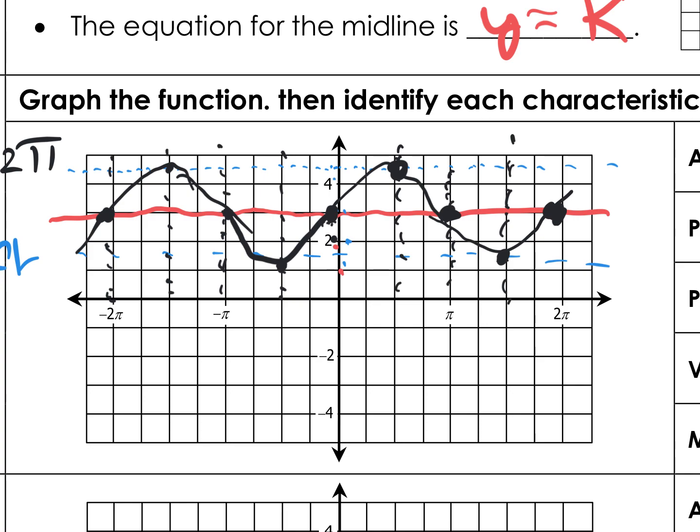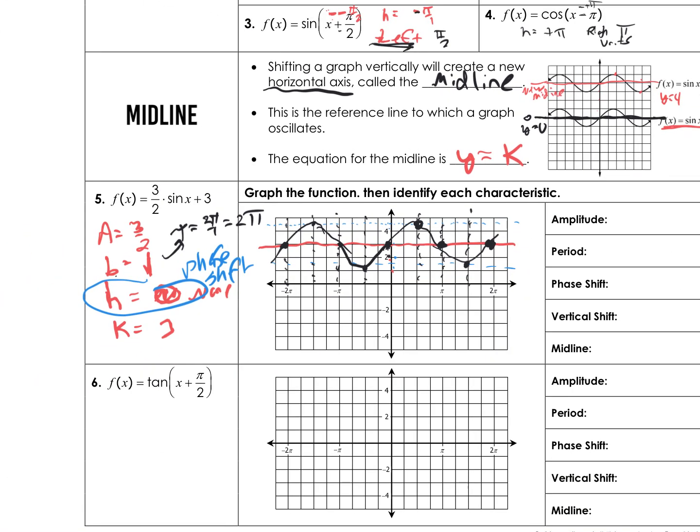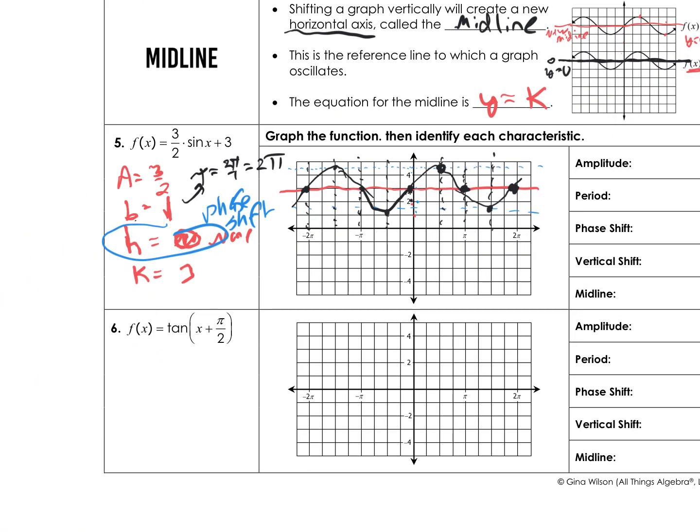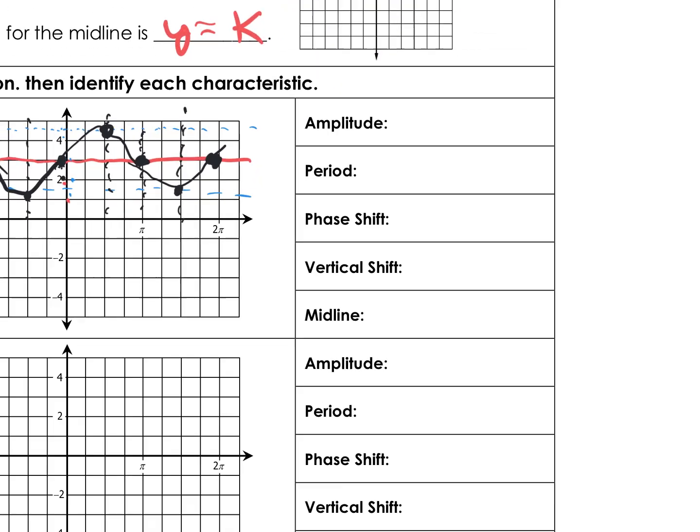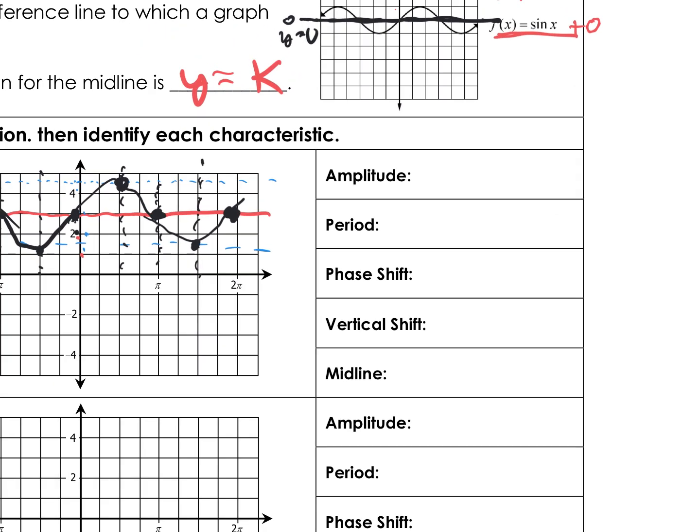Oh, okay. Moving on. Let's name everything. I named everything over here. That's my scratch work. Let's put it over here. What was my amplitude again? Nobody heard the question? What is your amplitude? 3 over 2. Good job, Aiden.